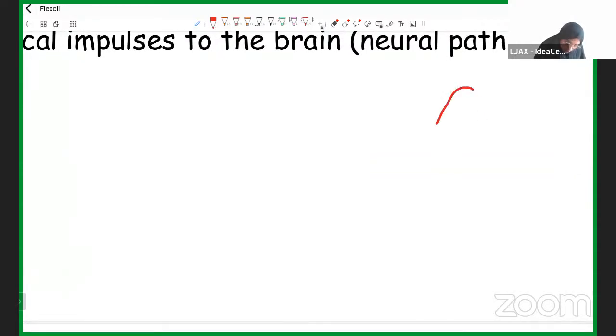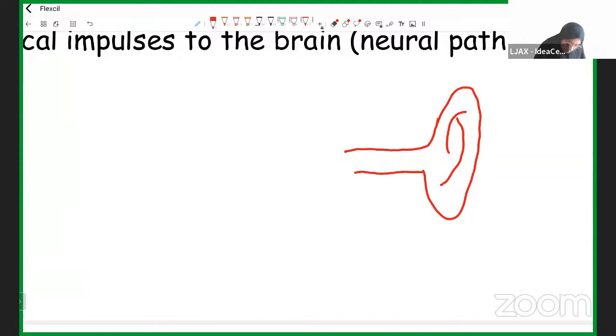This is the pinna of the ear, the external auditory canal. The sound hits the tympanic membrane. Malleus, incus, stapes.